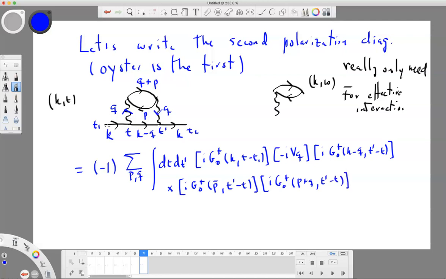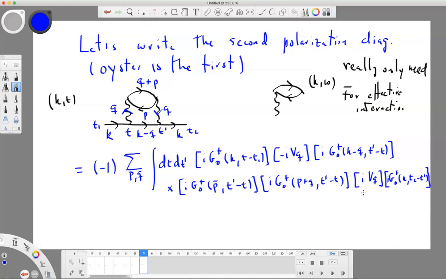So we have 1, 2, 3, 4 propagators. We're just missing one. So we put in the second interaction line, i V of Q again, times the remaining propagator, i G0 plus, K, t2 minus t prime. So this is the full expression.